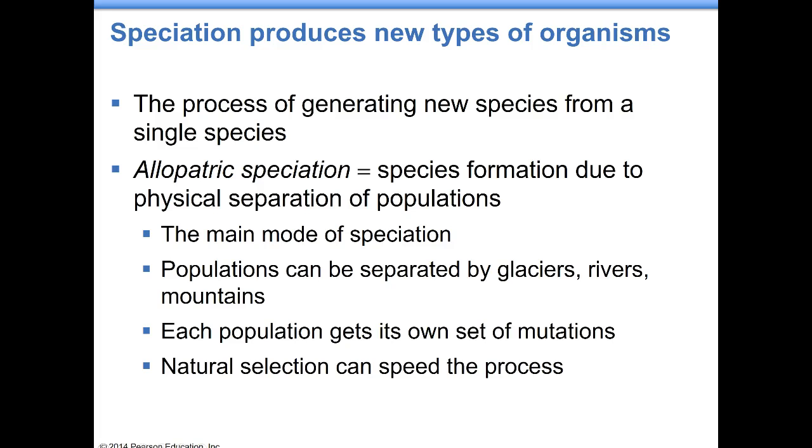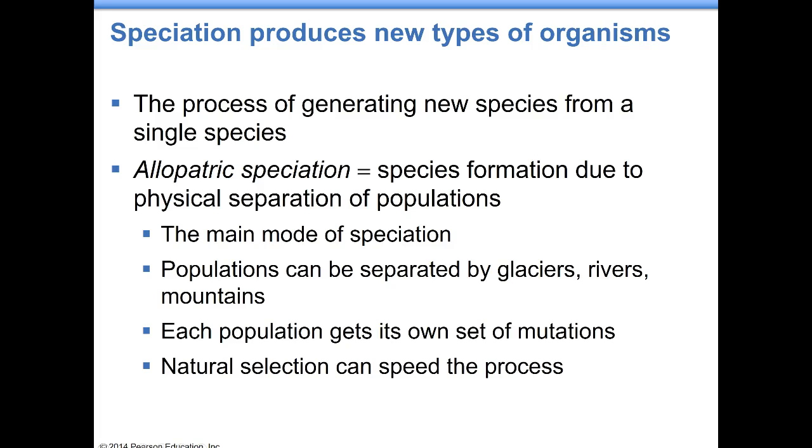But the population gets broken up into two or more isolated areas, and then individuals from one area, because they've had to adapt and adjust, can no longer reproduce with individuals from another area. That's what allopatric speciation is. It's the main mode of speciation.